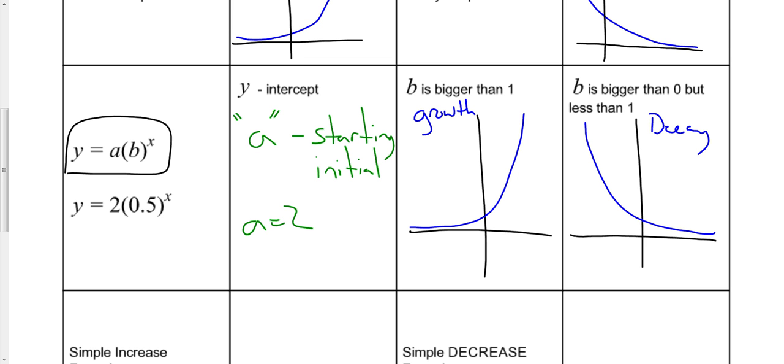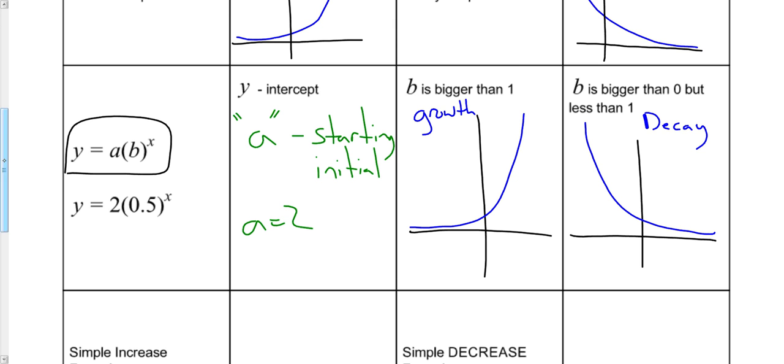So the value is getting smaller and smaller. And I'm realizing that that decay is not legible, so let's write that again. So decay. So that's actually a decay graph. That means it's shrinking. It's decreasing in value.